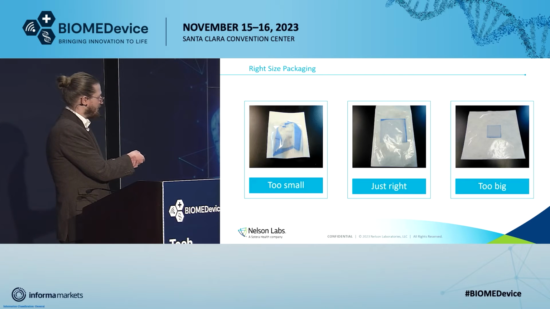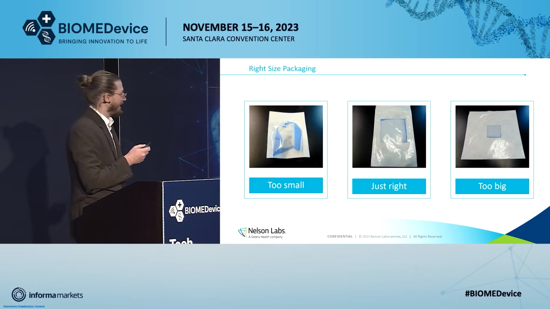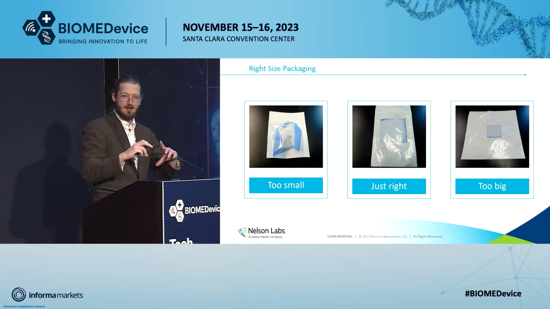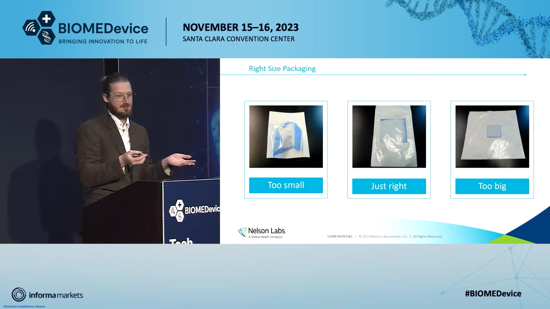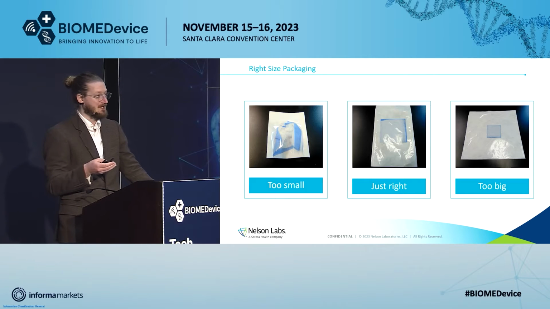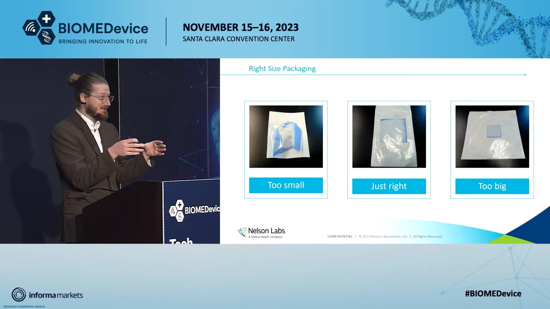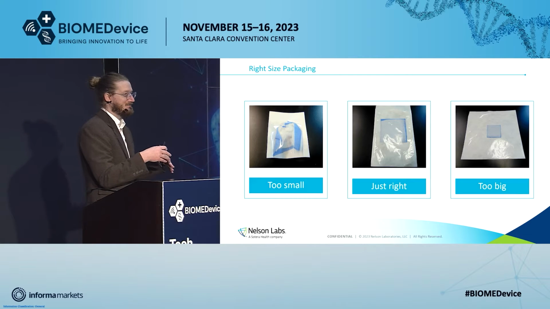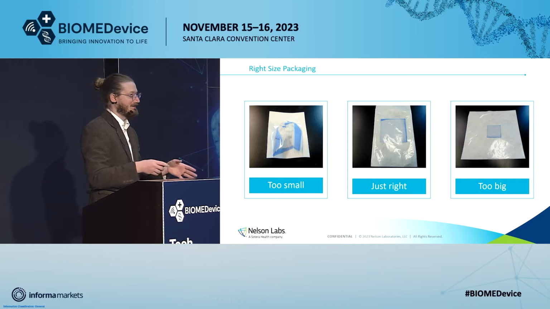And alternatively, if you go too big, on the very right there, what can happen is if you end up needing to fold your pouch and stuff it into its shelf carton, those folds can also create defects which will impact your sterility. So you have to keep in mind what's the right size for my package to make sure that it's a good sterile barrier. It's not impacted by my device inside or needing to put it in the shelf carton and getting ruined that way.